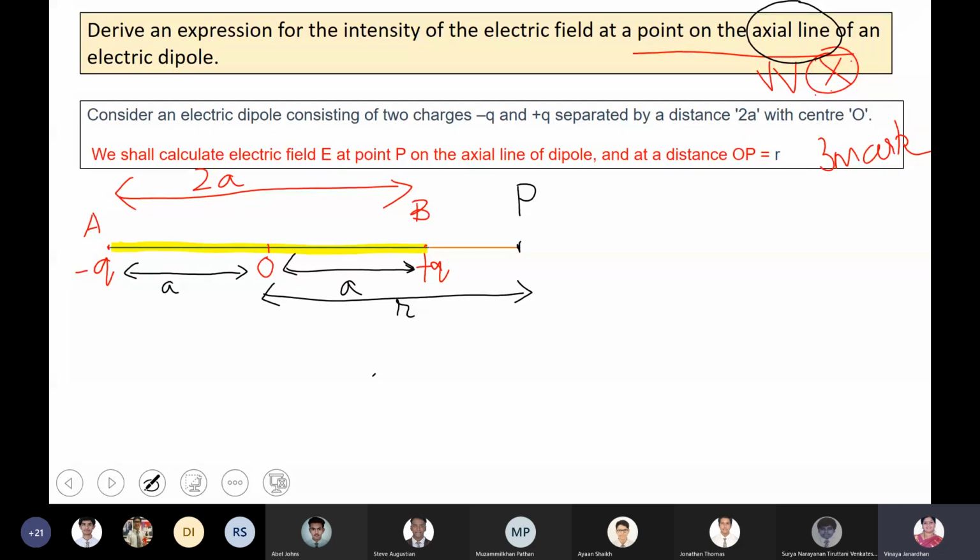You want to find the strength of the electric dipole at a point P, which is lying along the axis of the dipole, and it is at a distance of r meters from the center of the dipole. So first draw the diagram and then write the statement, then we'll go stepwise. Very, very important concept.